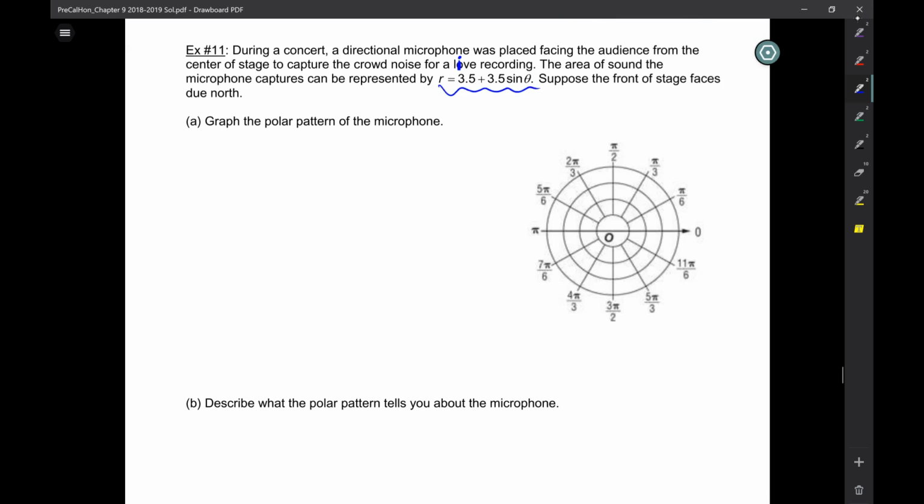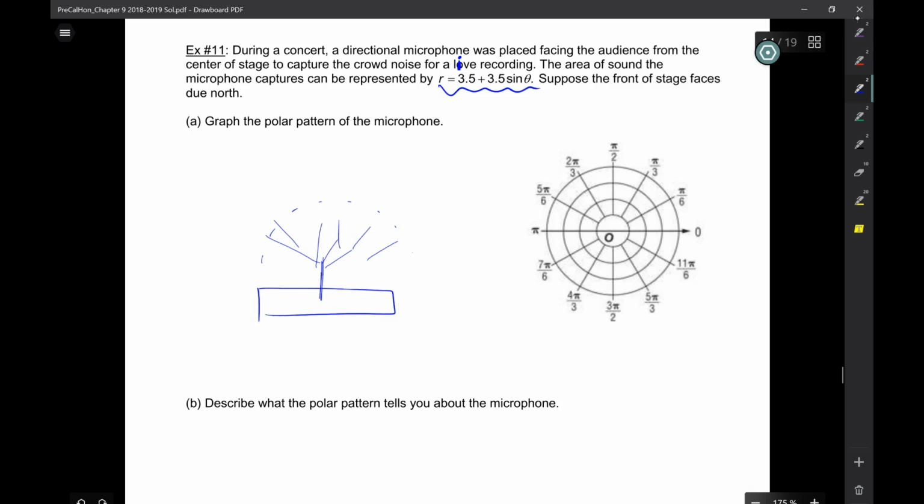So basically, you've got the stage here, the microphone is here, and the people are sitting all over here. It's going to capture voice from all over, but as much as we think it's like a spherical area that it captures sound, it's not. It's according to this curve. Graph the polar pattern of the microphone.